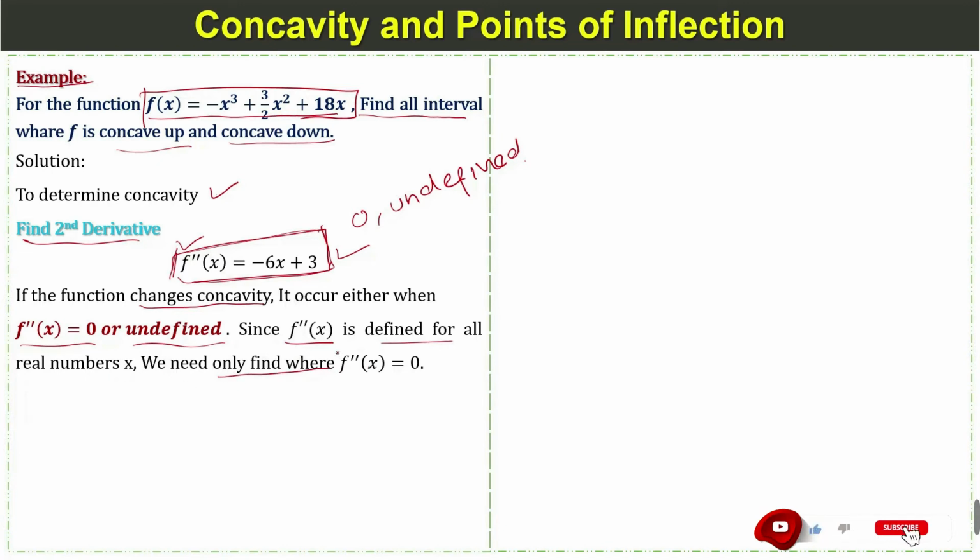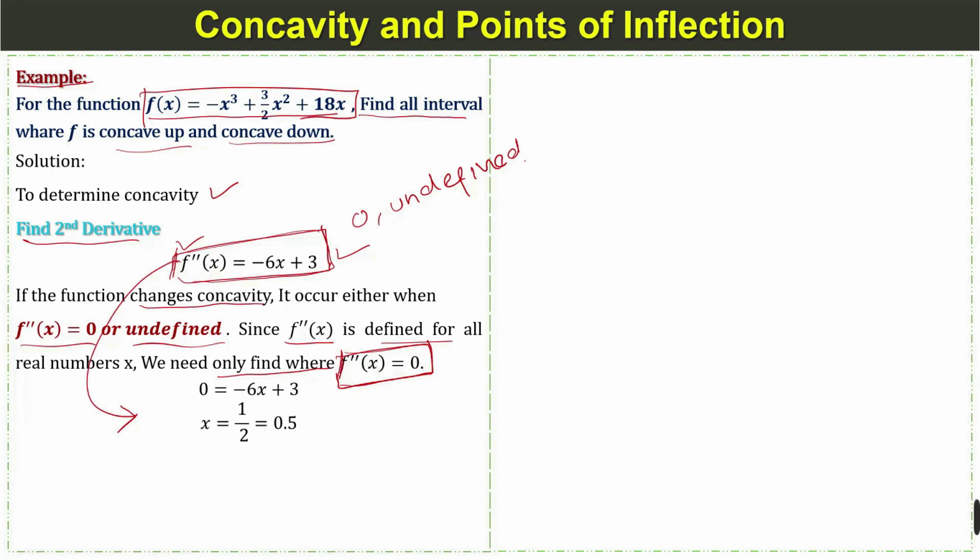we only find where the second derivative of the function is 0. We find only the value of x where the second derivative is 0, so we set this equal to 0. After setting the second derivative equal to 0, we get the value of x is equal to 0.5, and this is the point at which the double derivative of the function is 0.